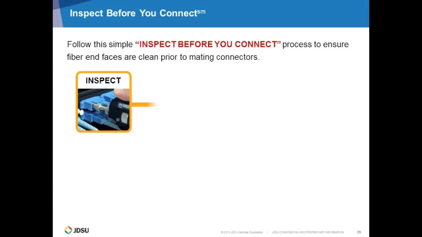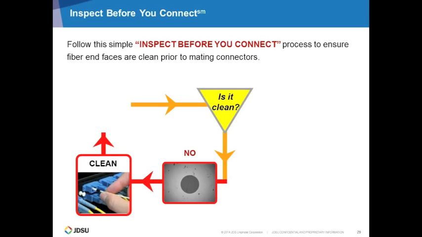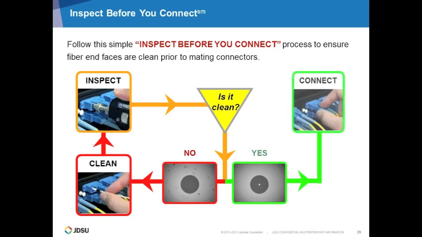Now we're going to go into the simple procedure for how to handle fiber. We call this procedure inspect before you connect. You inspect the connector, and here only a bulkhead is shown, but you should inspect not only the bulkhead, you should inspect the patch panel and the test equipment.